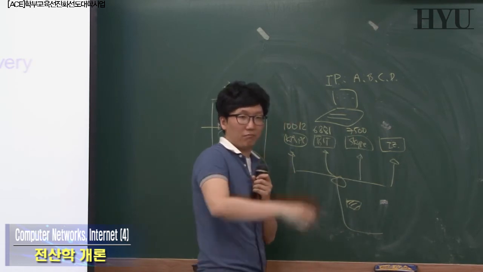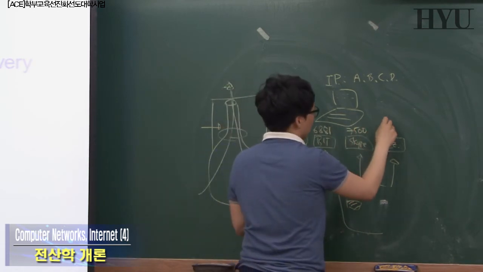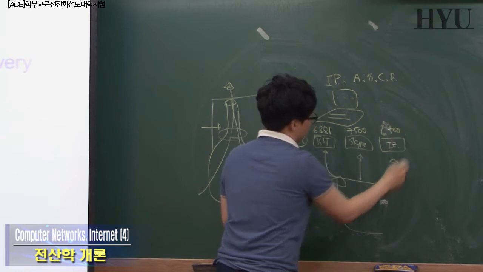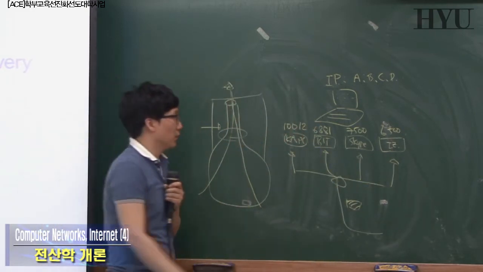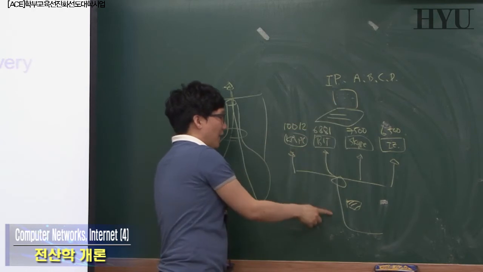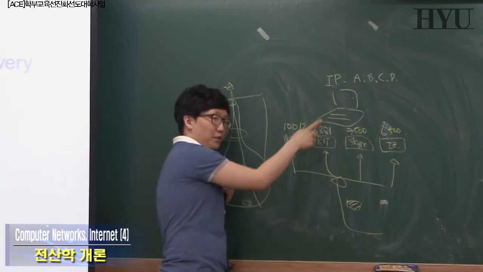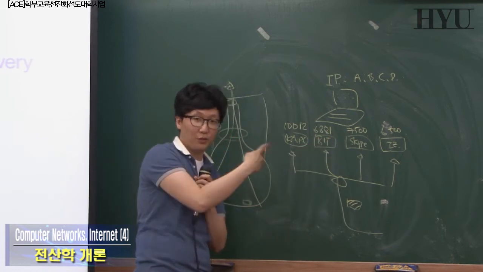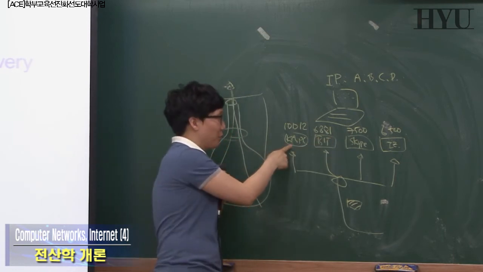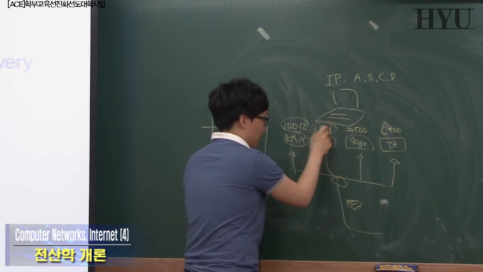Internet Explorer, I don't care. Maybe 65. So along with the IP, they can find your host through your IP number, and within your computer you find your program based on these port numbers.